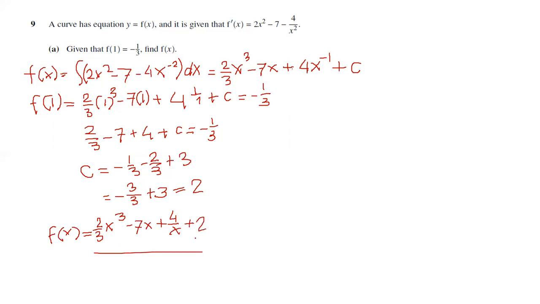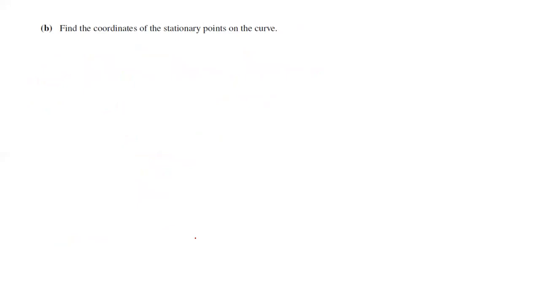This is f(x). Now find the coordinates of the stationary points on the curve. We're going to find the coordinates of the stationary points if the first derivative equals 0.